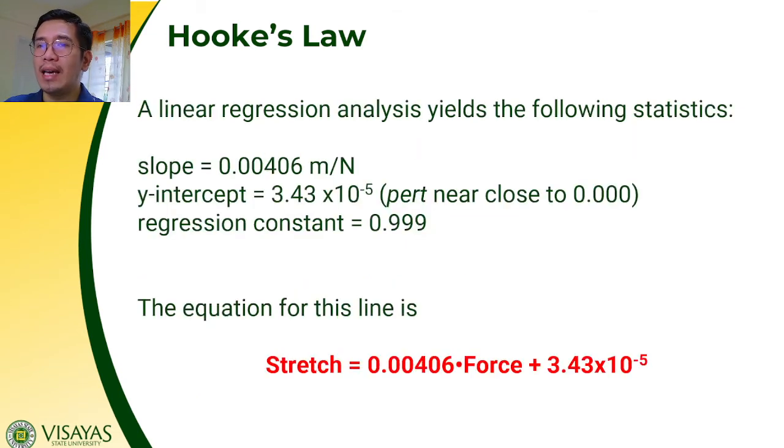The fact that the regression constant is very close to 1, 0.999 man siya, indicates that there is a strong fit between the equation and the data points. This strong fit lends credibility to the results of the experiment.